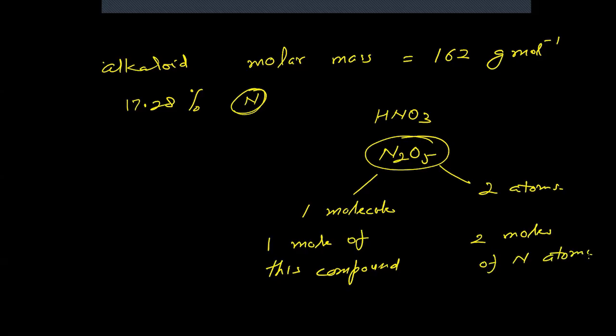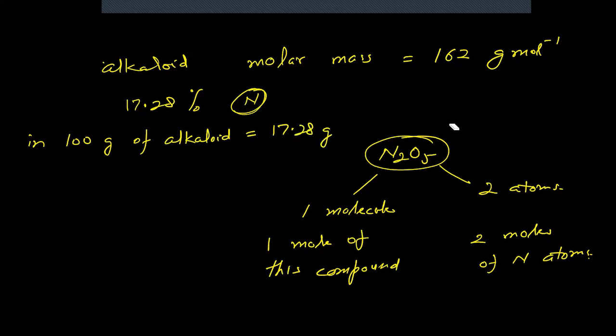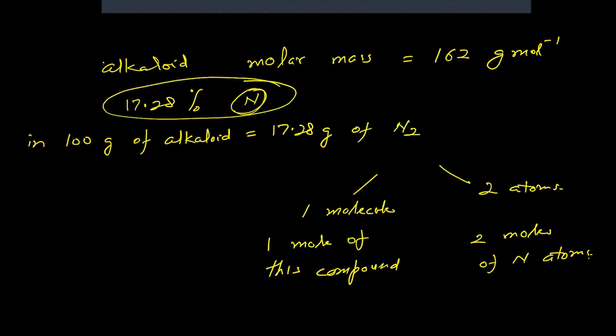So 17.28% nitrogen means in 100 grams of compound, you have 17.28 grams of nitrogen. This information is converted to a statement: in 100 grams of alkaloid, 17.28 grams of nitrogen.